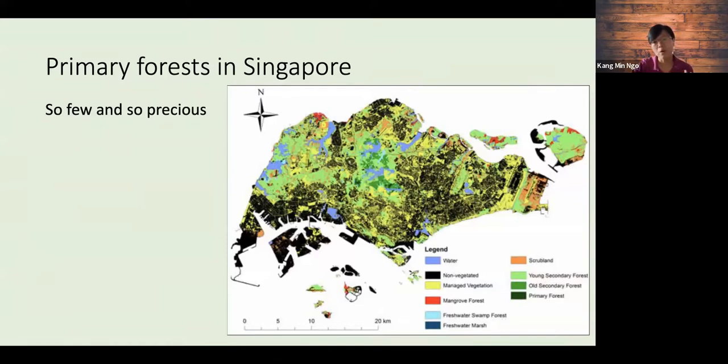You also have smaller patches of primary forest in MacRitchie and generally in the Central Nature Reserve, but they are all very fragmented. So most forest in Singapore is actually secondary forest. It can be older secondary forest or younger secondary forest. Primary forest in Singapore is now 0.2% of the original cover, compared to more than 200 years ago.